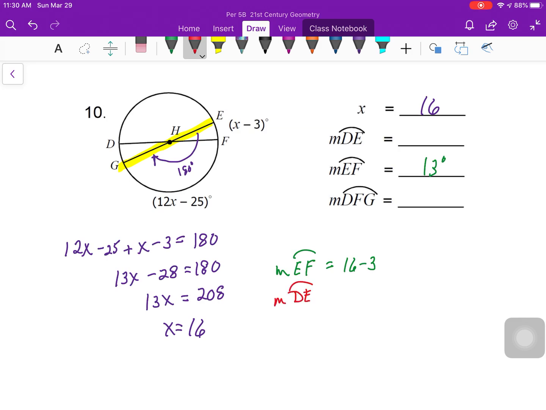Now for that arc D to E. The measure of arc D to E, well, that's going to be congruent to arc G to F. So that will be 12 times 16 minus 25, 167.